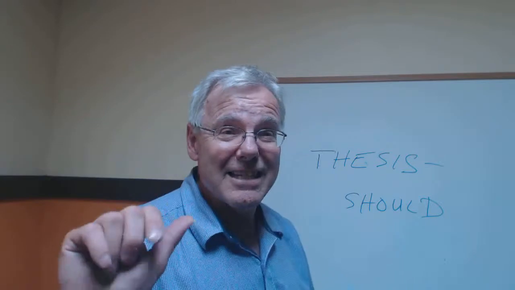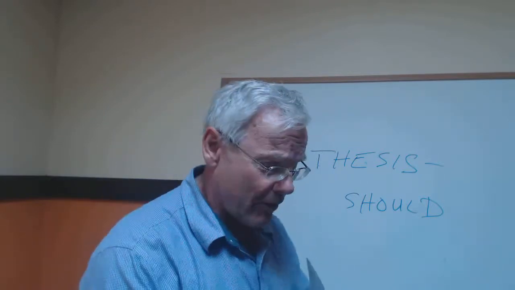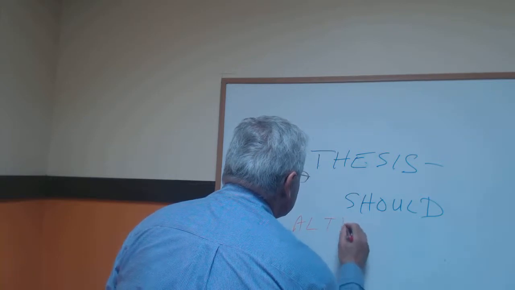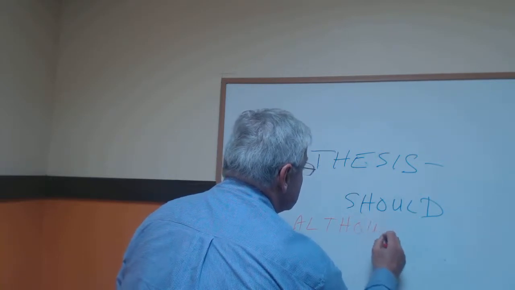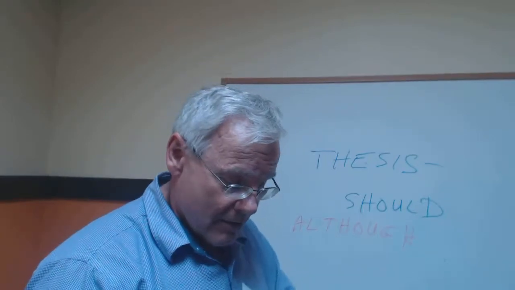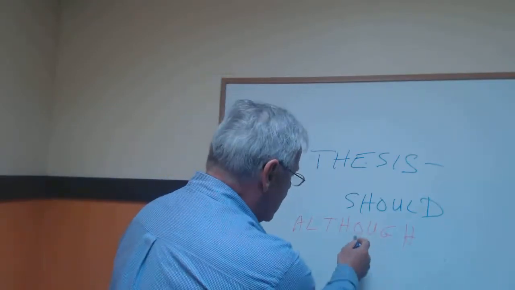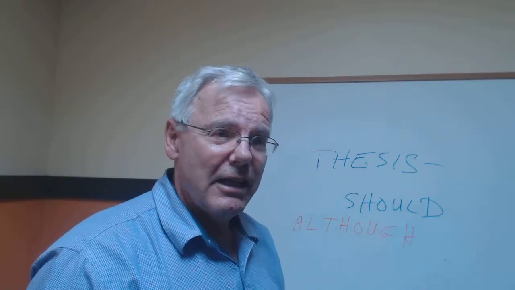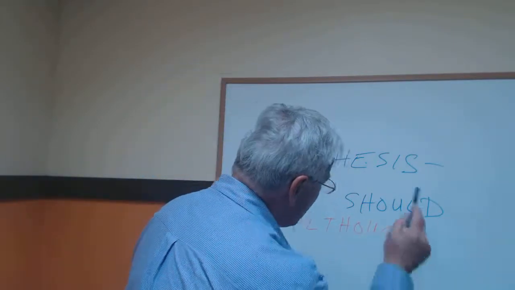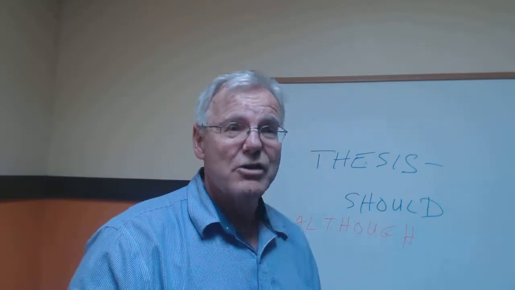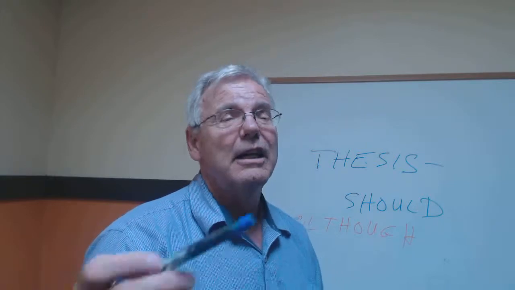Or this is really a great option. You're going to love me for this. This is called subordination. And that means that you use a word like the subordinating conjunction although in your thesis, and you say something like, although it has lots of merit, comma, so you're giving a nod to the other side.